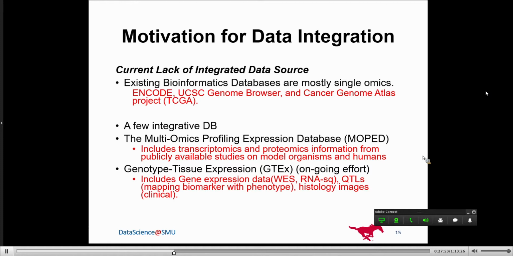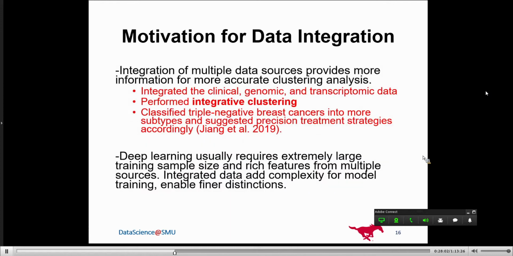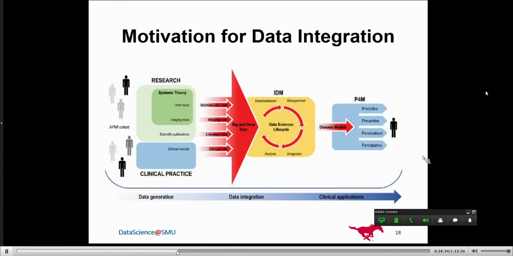This is still an ongoing effort, so it's not very mature yet. So there's not much integrative data available for further analysis. Integration of multiple data sources can provide more information for more accurate clustering analysis. In a study just published this year, they integrated the clinical, genomic, and transcriptomics data and performed an integrative clustering for classifying the triple-negative breast cancers.